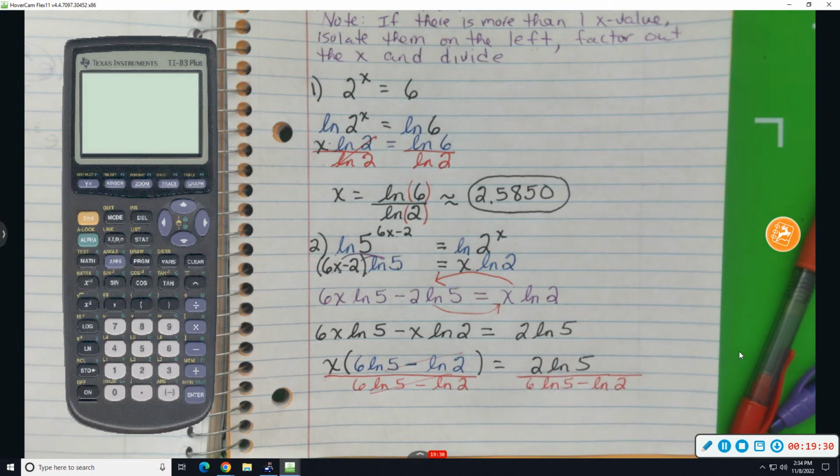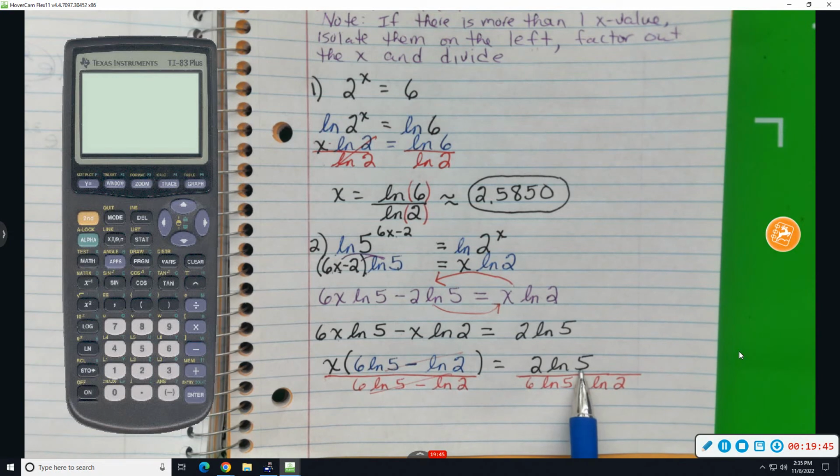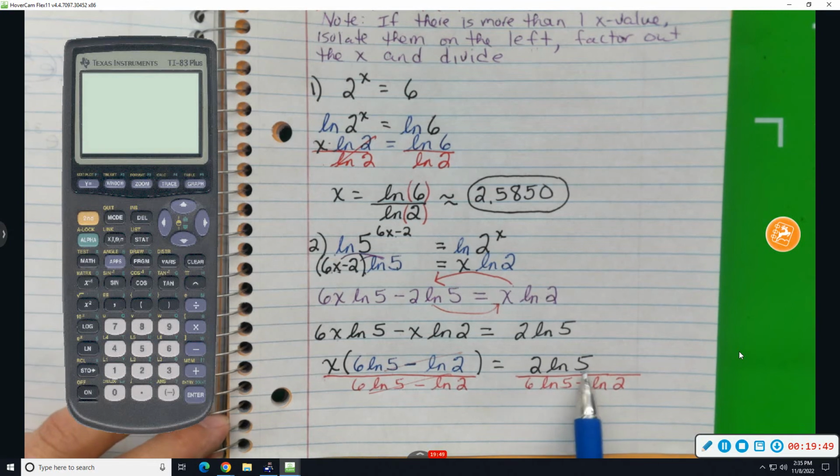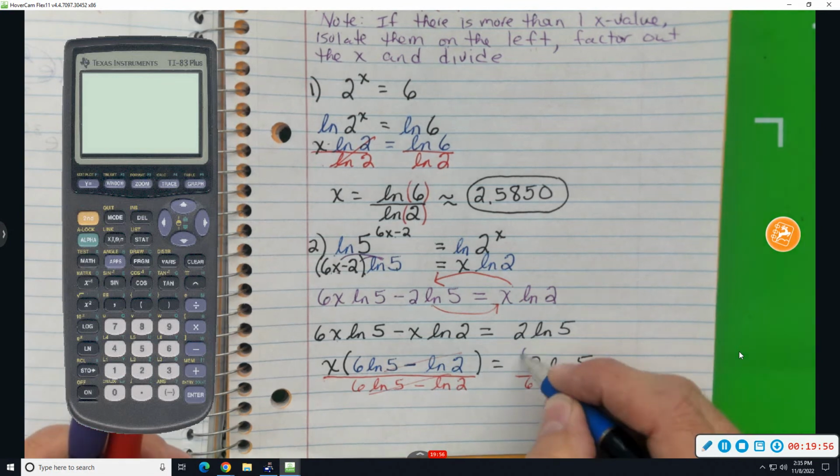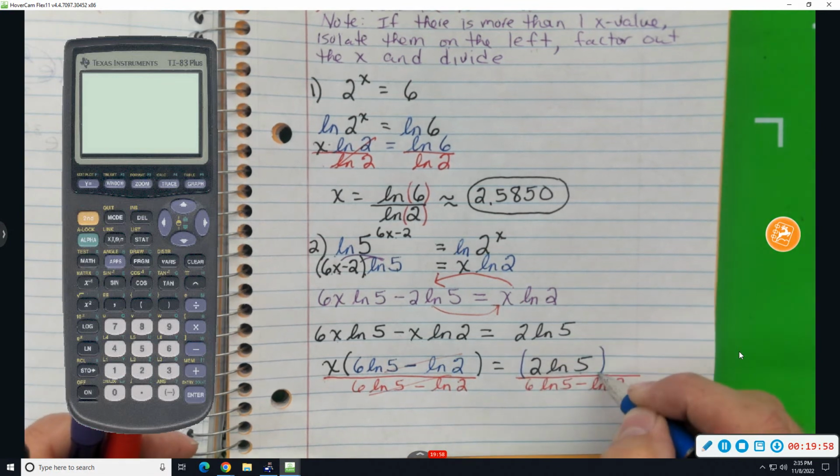And in general, when you punch something like that into your calculator, if there's more than one number on the top, you need to enclose it in parentheses. Like here, there's two numbers, a 2 and the 5. So I'm going to put parentheses around the top.